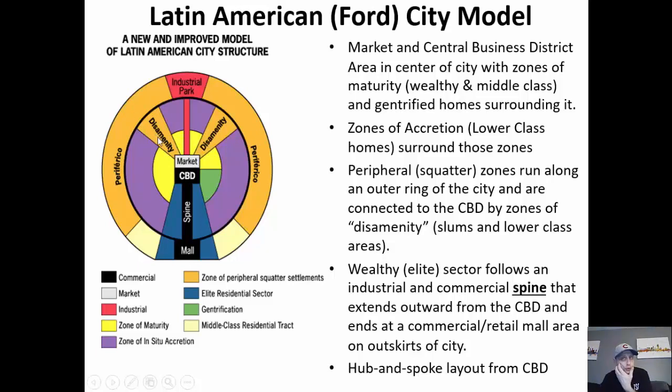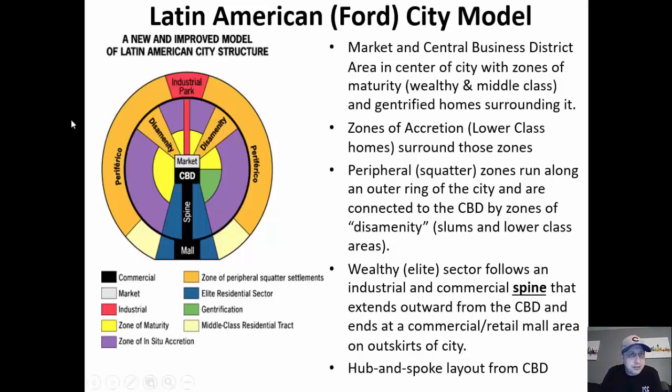They will actually usually cut through the zone of maturity, the wealthier areas. Oftentimes these wealthier areas, therefore, are gated communities or are somehow walled off or blocked out from the zones of disamenity. That is totally different than American cities.